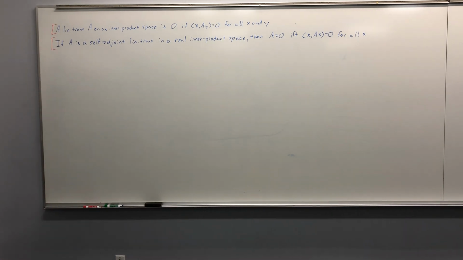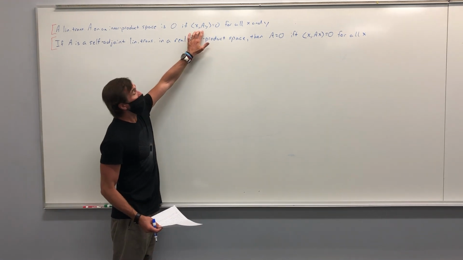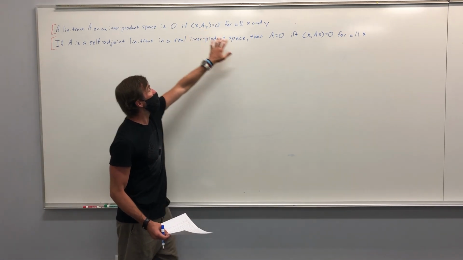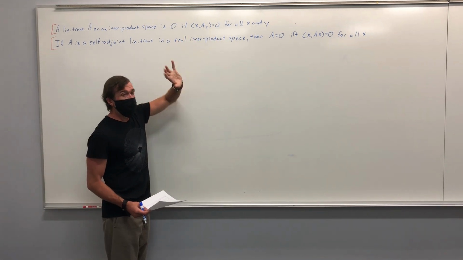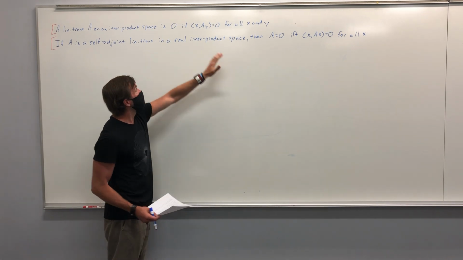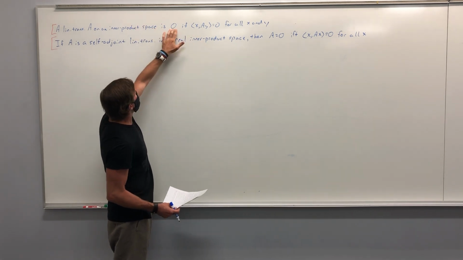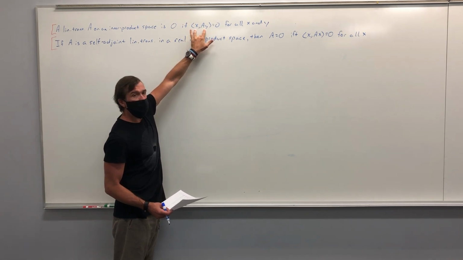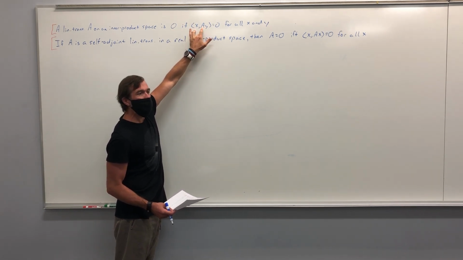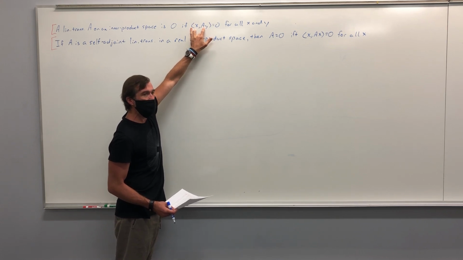Now, why is that stronger? We don't have to deal with y anymore. Notice this is <x, Ay>, this is <x, Ax>. So imagine you have a vector space that's got a bunch of vectors. In general, to show that an operator is 0, you have to show that the inner product of any vector with the operator acting on any other vector has to vanish.